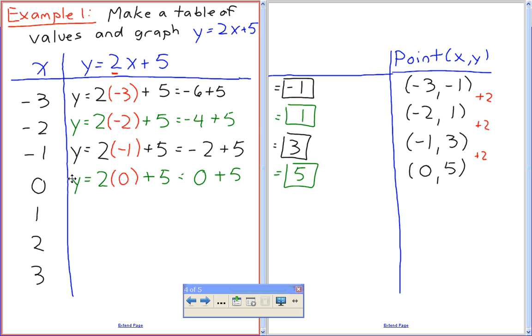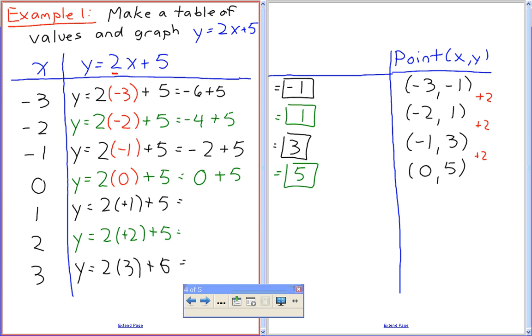I'll quickly fill the rest of the table here so we can get to the graph, and then I'll do the graph on the next video. So it's going to be y equals 2 times negative 1 plus 5, y equals 2 times negative 2 plus 5, y equals 2 times 3 plus 5.